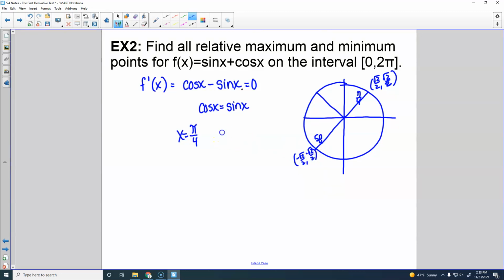Over here, opposite sign, so they're not equal to each other. So we got 2 critical points on this interval. I don't know why I wrote down 3. I wrote 5 over here. Okay, so whenever we make our chart here, we've got 0 to pi over 4.